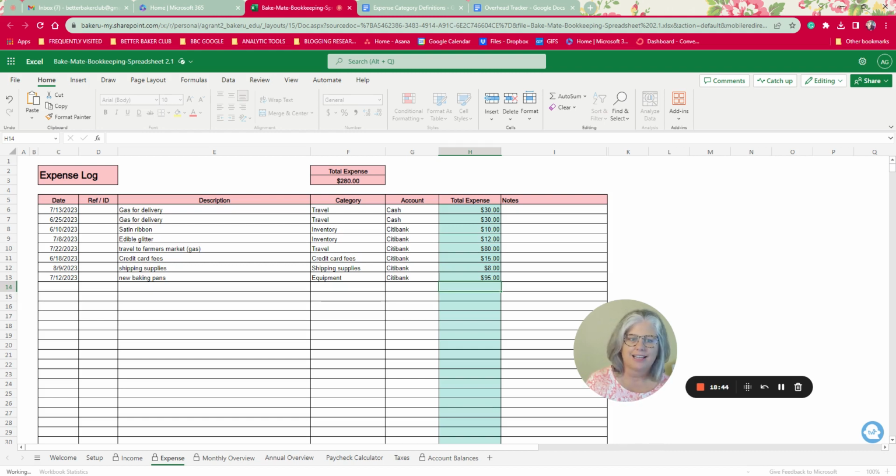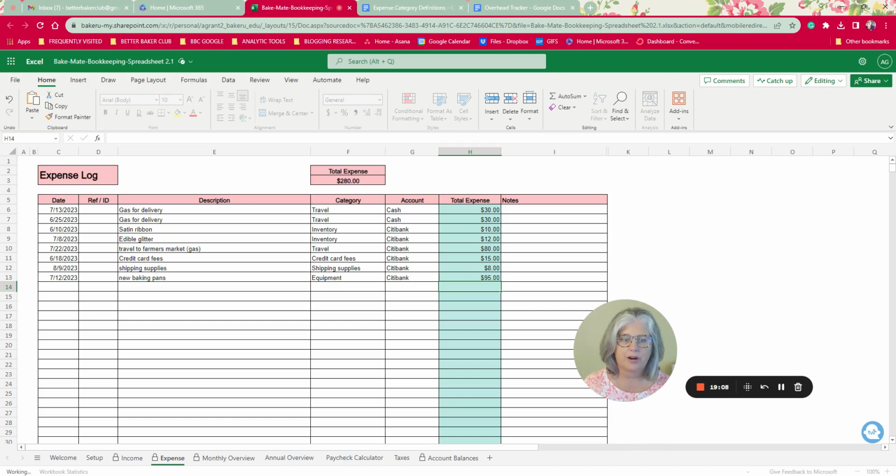And also on that overhead tracker download, you're going to see a utilities audit. And a utilities audit is necessary if you want your business to pay a portion of the utilities that you use. You might start with your water bill, your electric bill, or your gas bill.